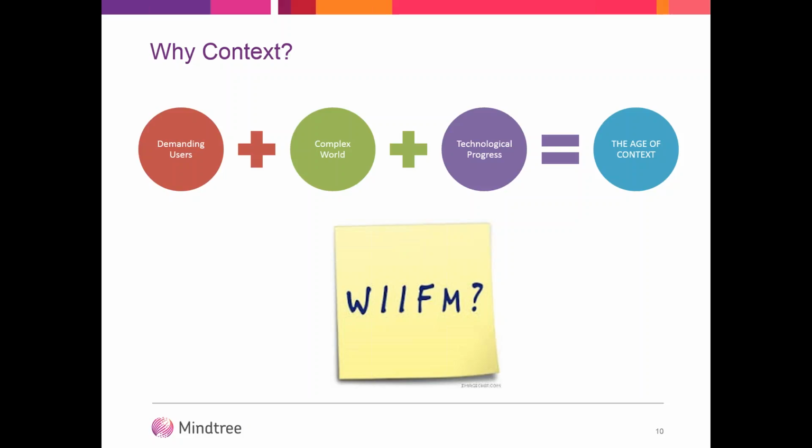A lot of work that we do is becoming more interdisciplinary, so things are becoming a lot more interconnected, and hence, in the middle of all this, the user is saying, what's in it for me? Give me exactly what I want. And that is why the whole idea of context has become so important in today's world. And many people say that we actually live in the age of context.